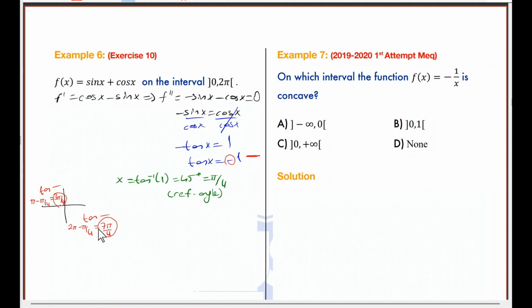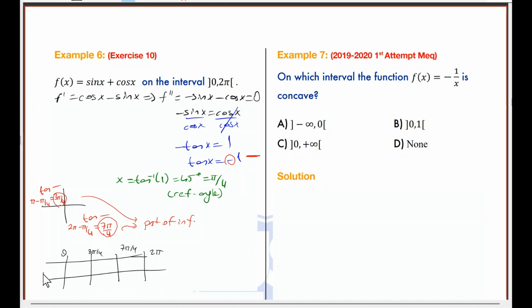Now we are going to use these two to make a table. We have points of inflection at those two values. Let's make a table from 0 to 2 pi. We have the second derivative here, the original function here.